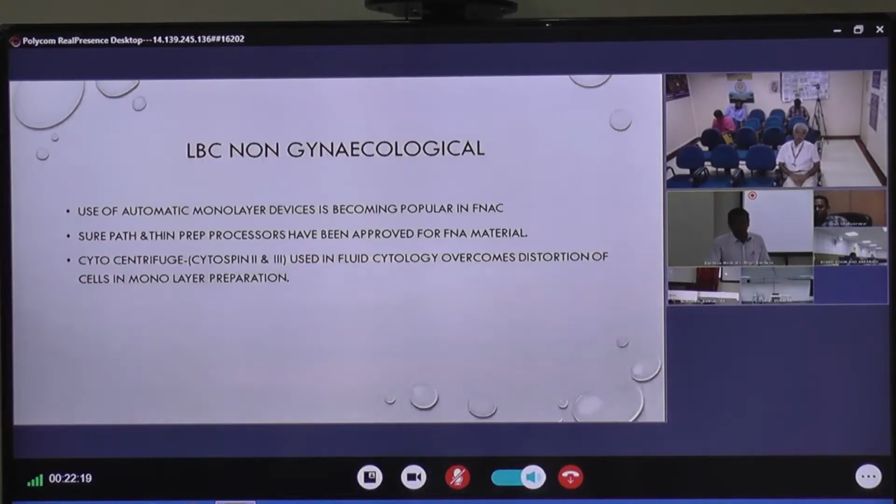And in non-gynecological liquid-based cytology also, the use of automatic monolayer devices is becoming much more popular in FNAC. SurePath and ThinPrep processors have been approved for FNA material, and cytocentrifuges like Cytospin 2, Cytospin 3 used in fluid cytology overcome the distortion of cells in monolayer preparation.